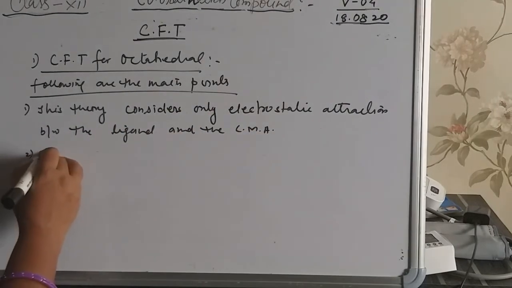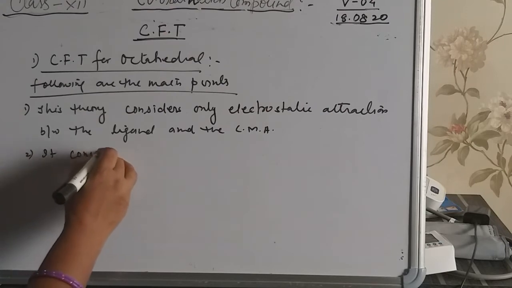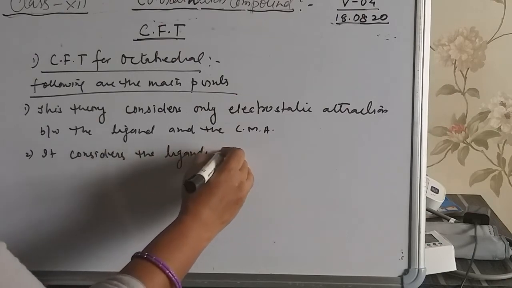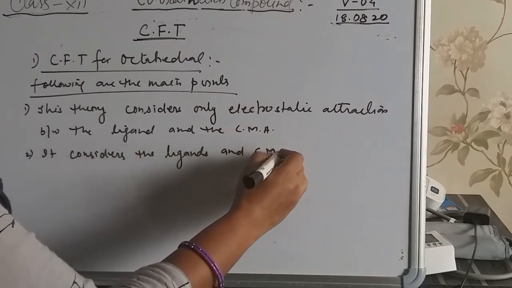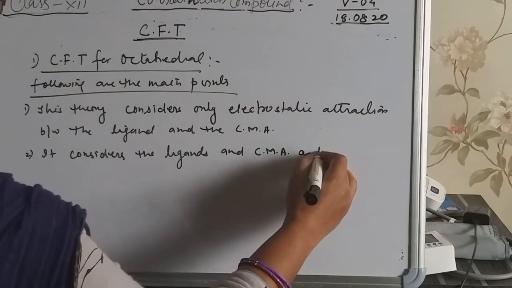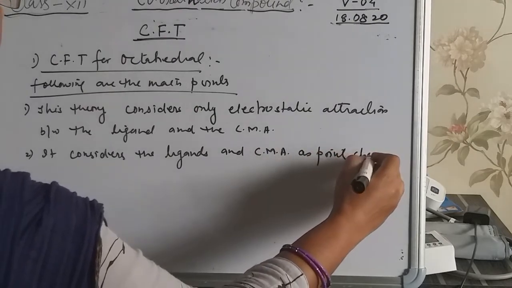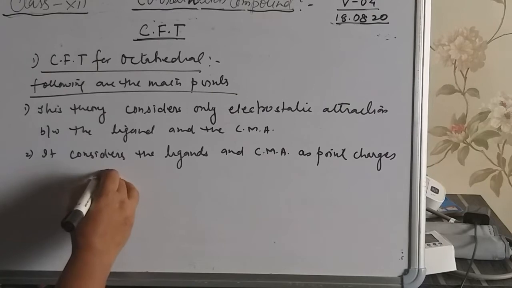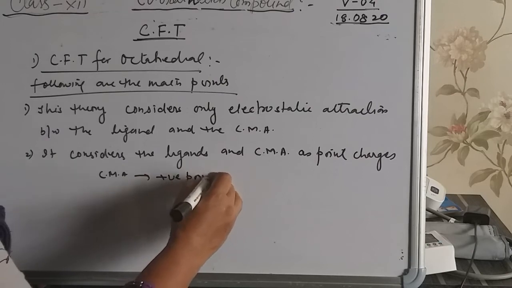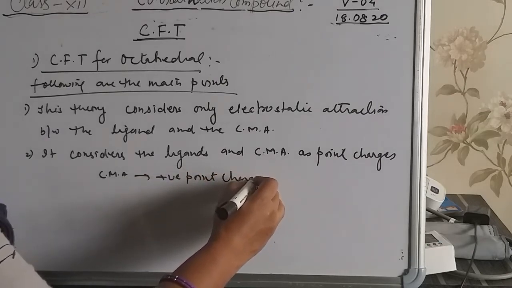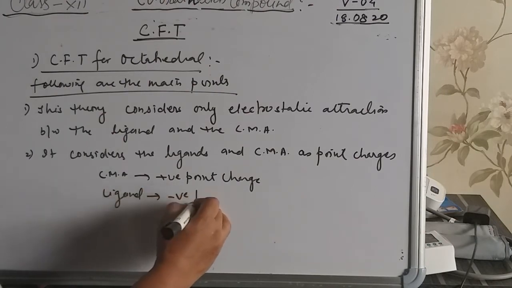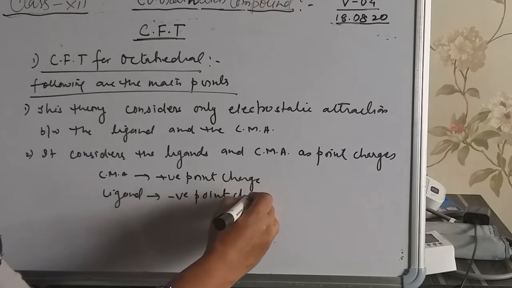Number 2, it considers the ligands and the central metal atom as point charges. Means central metal atom is positive point charge, and the ligand is negative point charge.